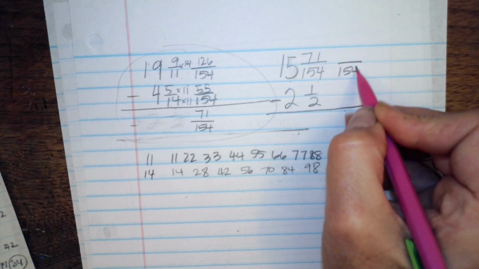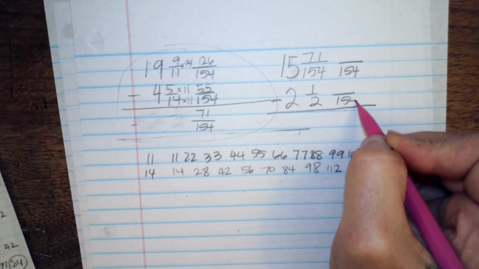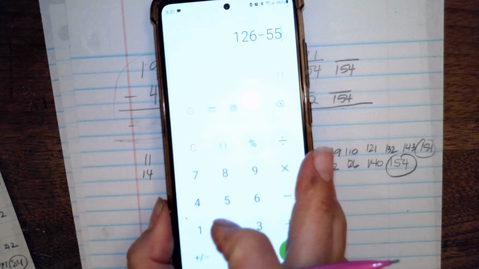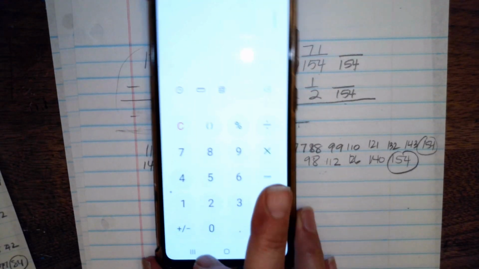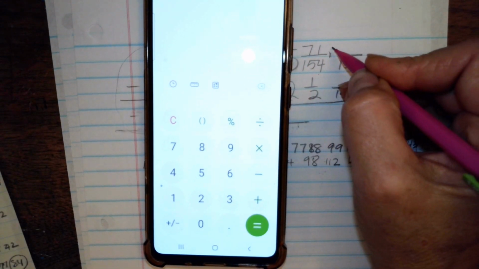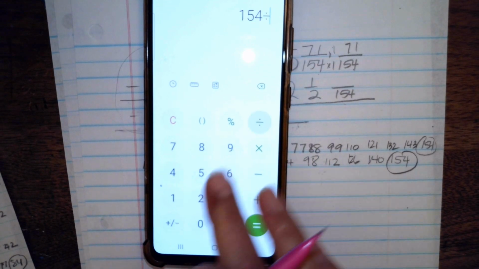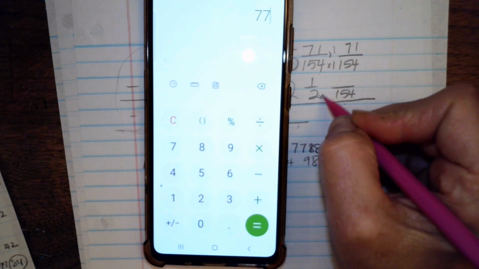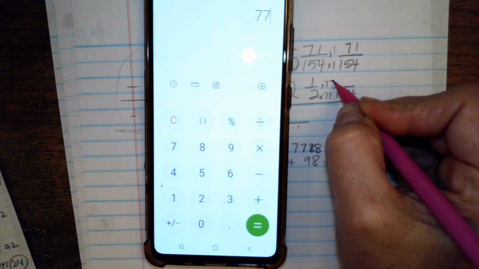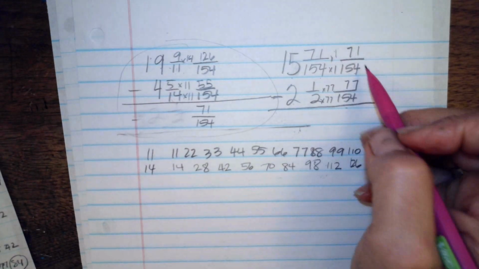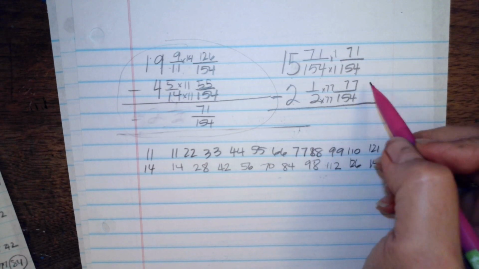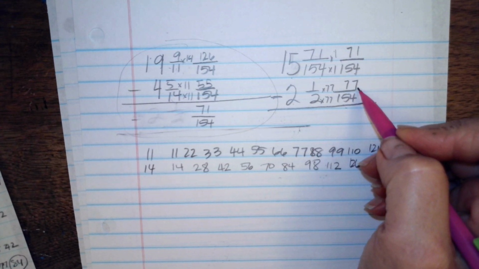So my common denominator is 154. And then this is times 1. 154 divided by 2 is 77. So now I have 71 154ths minus 77.